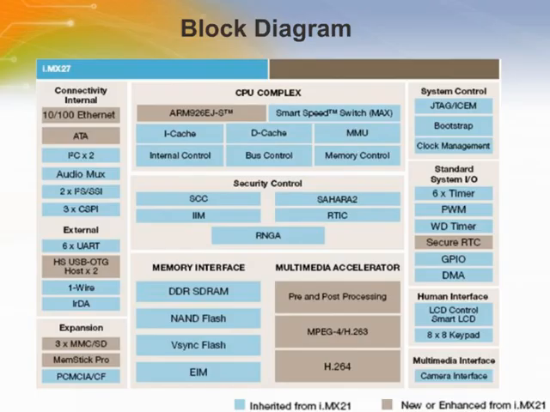The diagram shows all the blocks presented in the i.MX27 video processor. It has connectivity blocks, which have ATA, SPI, and UART, memory expansion blocks, which support MMC/SD cards, Memory Stick, and PCMCIA, a multimedia accelerator block, system control blocks such as JTAG, bootstrap, and clock management, a standard system I/O block, human interface blocks like an LCD controller, Smart LCD, and an 8x8 keypad, and multimedia interface blocks.